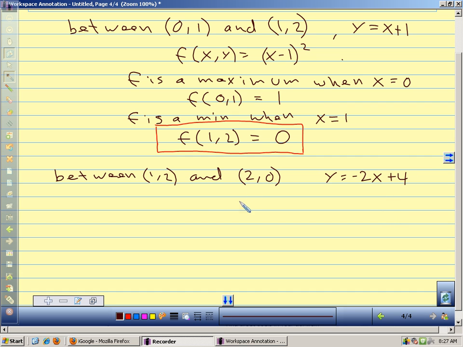Substitute that into my original function and simplify, and I get f of (x, y) equals (4x minus 4) squared. f is a maximum when x equals 2, looking at x between 1 and 2.